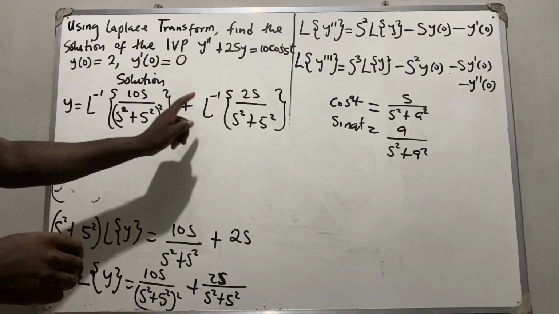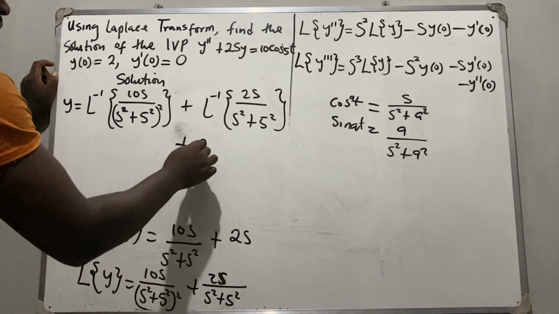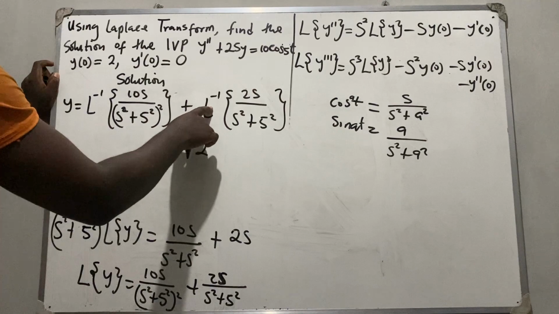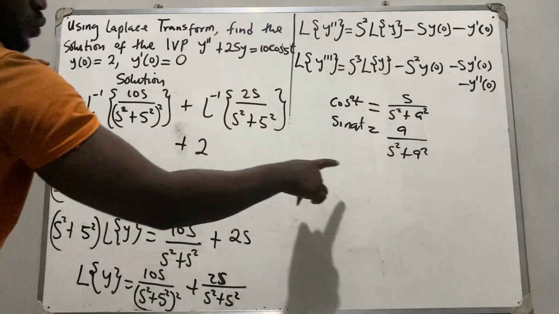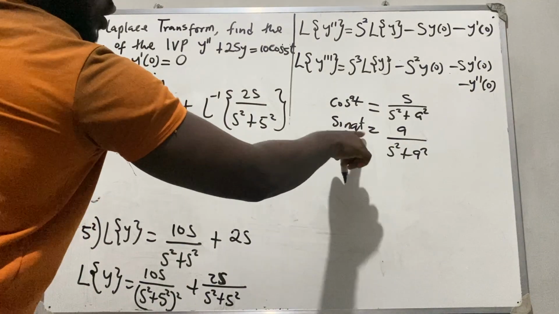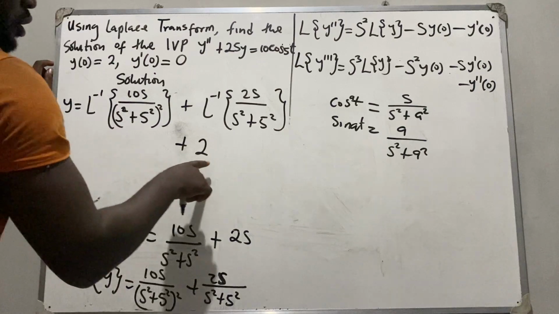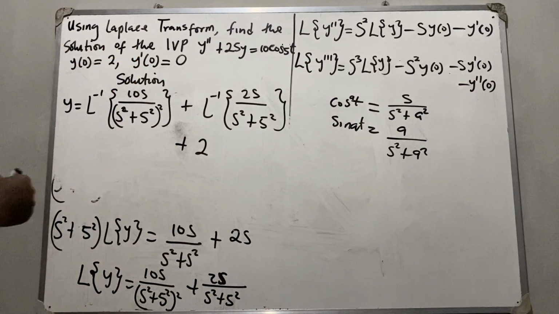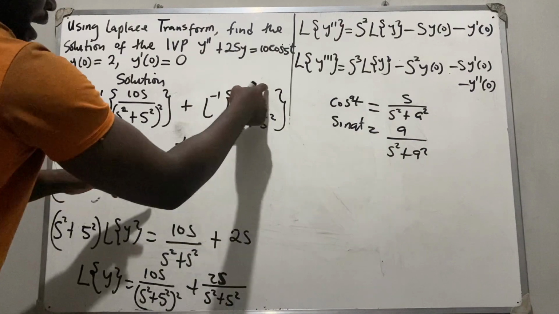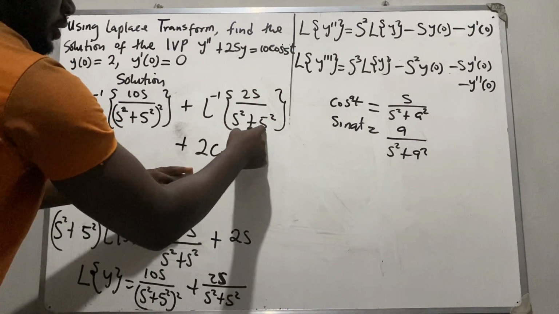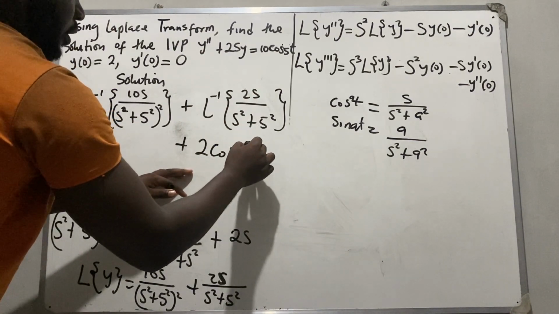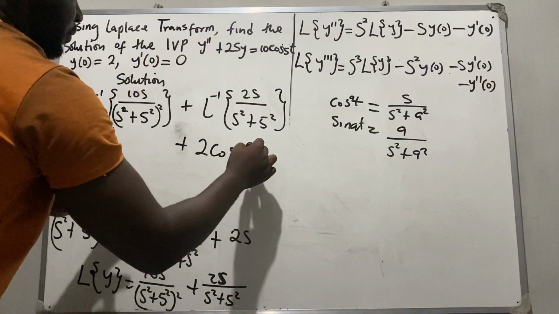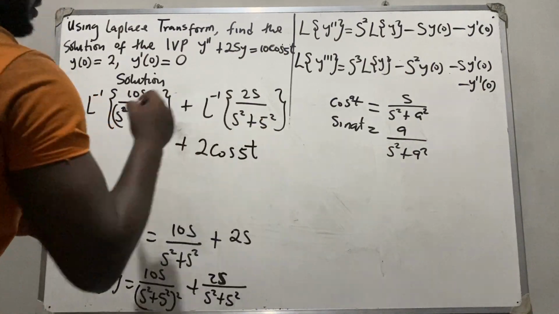The 2 can come to the back here. So I'm having only the Laplace transformation of s over this, which is the same way of cos, because in cos, s is up. So the 2 coming outside, I'm left with cos 5t.